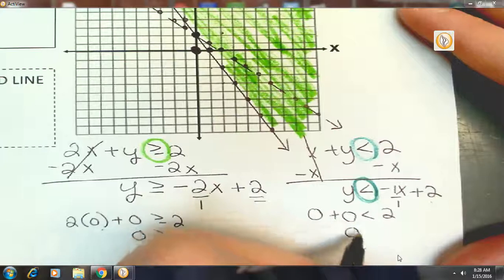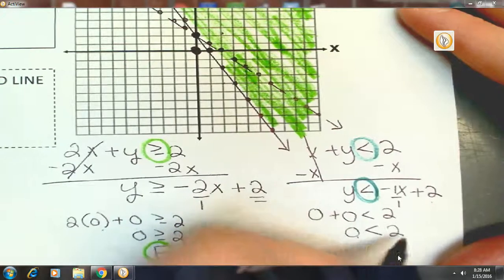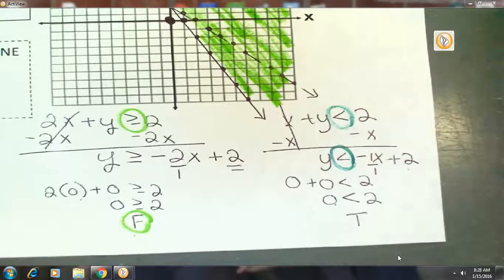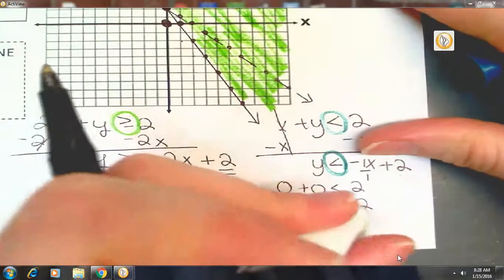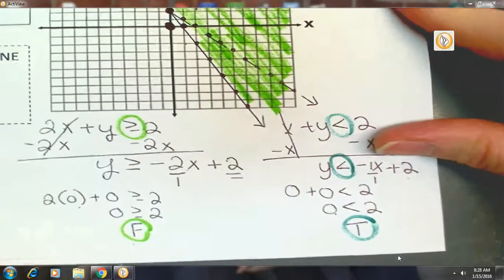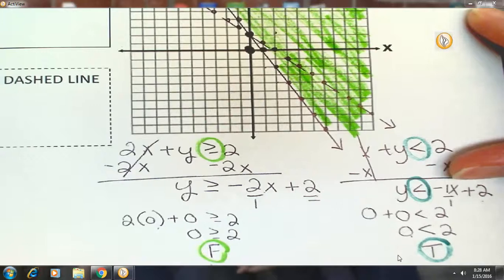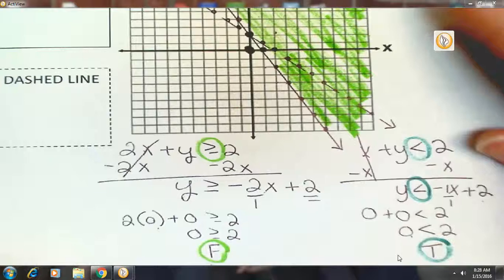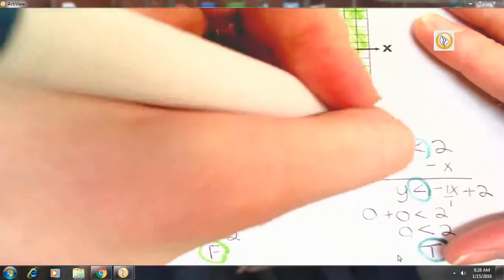Is 0 less than 2? That's true. So what does that mean about 0, 0? It's a solution. So let's shade the side with 0, 0. It's going to be the bottom half of this graph.